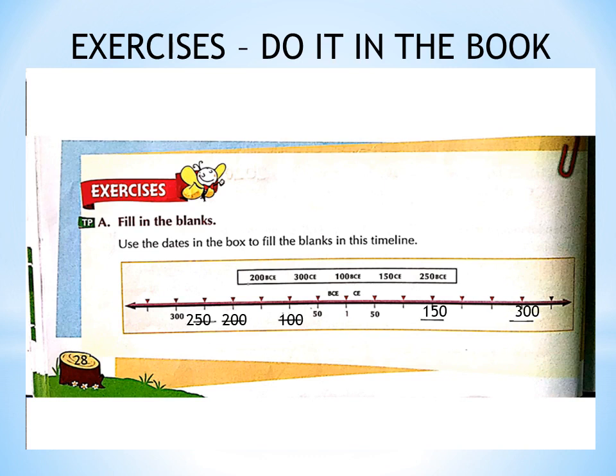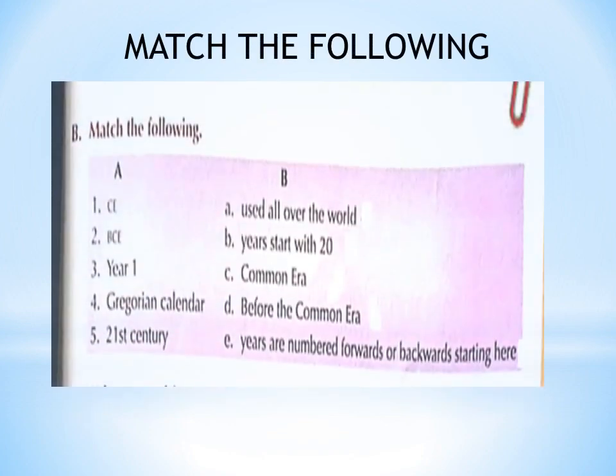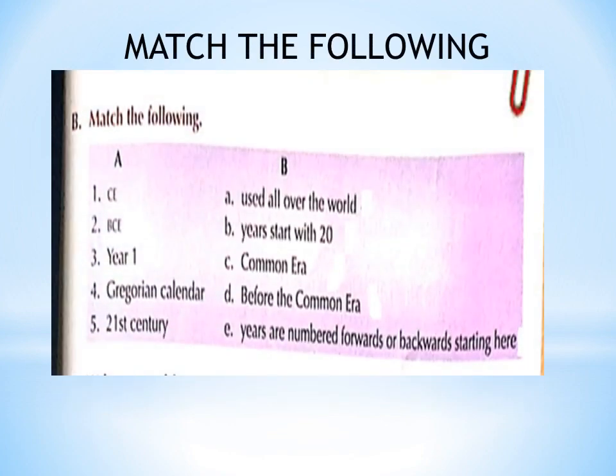Now we will move to page number 29 and do the match the following question. Let us follow column A. What is given in number 1? CE. What is CE? CE means common era. So what will be the match for number 1? From column B it will be C. Now the second one, BCE.